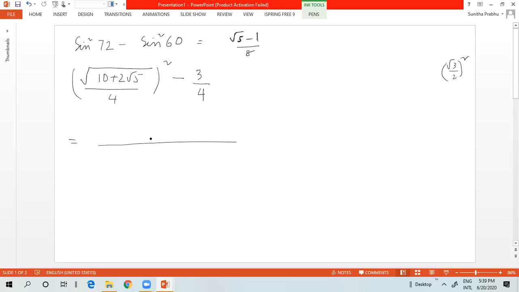So this is going to be 16, correct? Denominator doesn't have root, so 16. Numerator, this root and square, they kind of cancel. This is 16, this is 4 fours, 12.